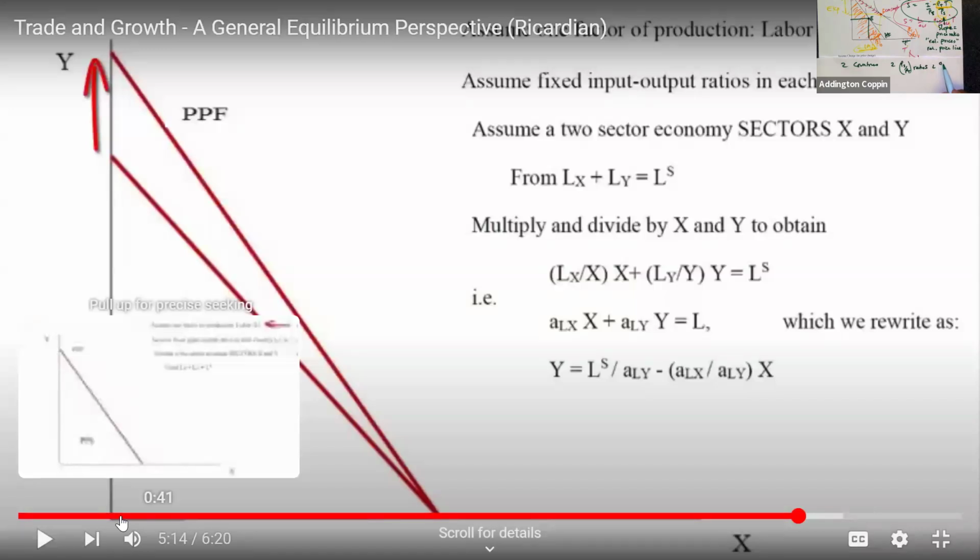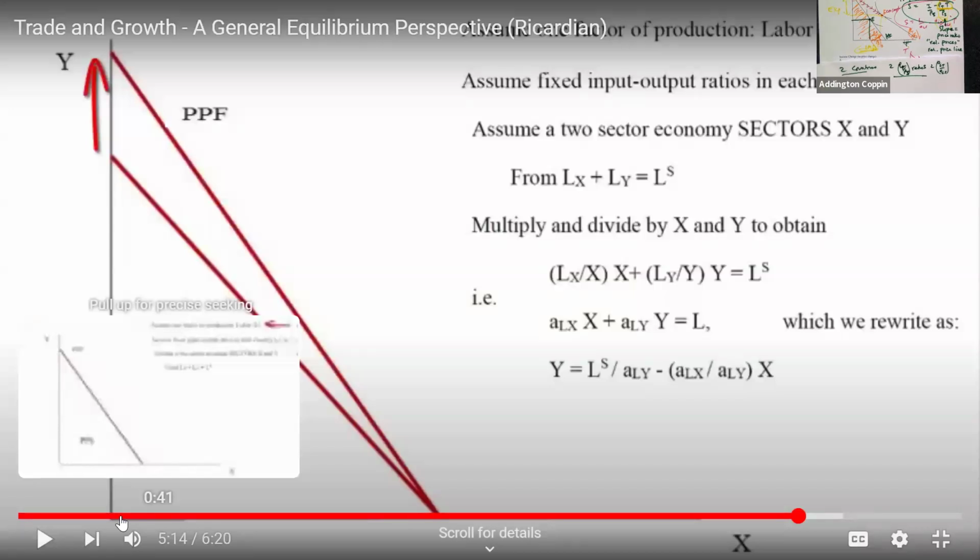Obviously, two ALT on ALS ratios. The country with the lower ratio will export the thing on the horizontal axis. This should be PT on PS. It doesn't really matter to be consistent with the graph. So you have two ratios. The country with a flatter slope will produce the thing on the horizontal axis.